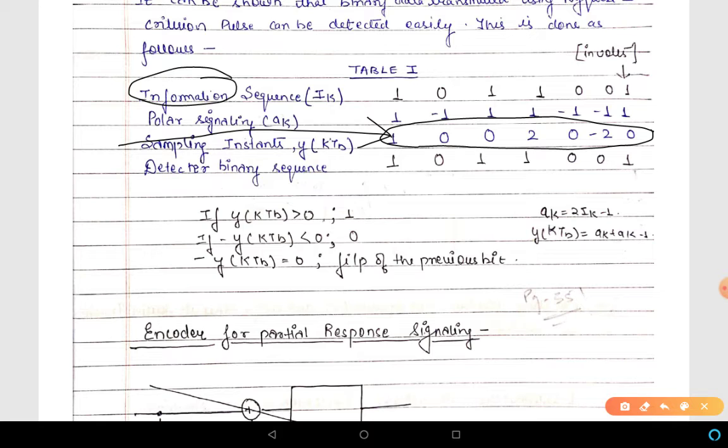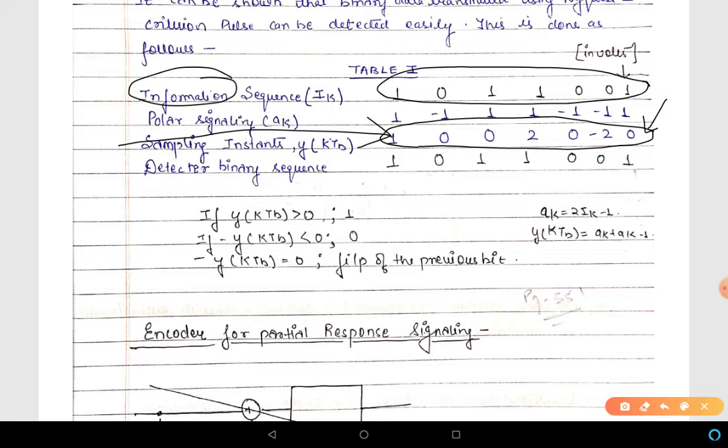In other words, this interference has no effect on the detection, and we will have the advantage that we have reduced the bandwidth from Rb to less than Rb. So now, how to get the information from these sample values?